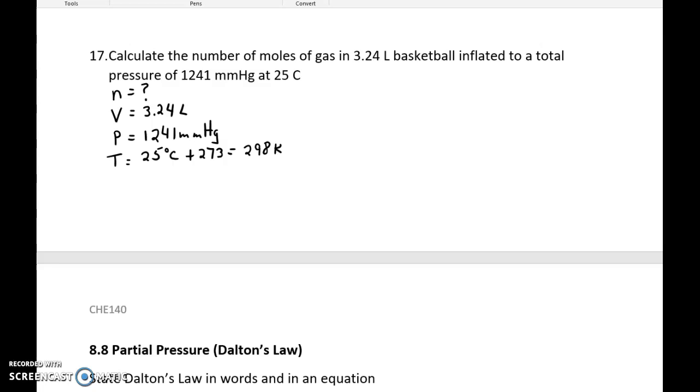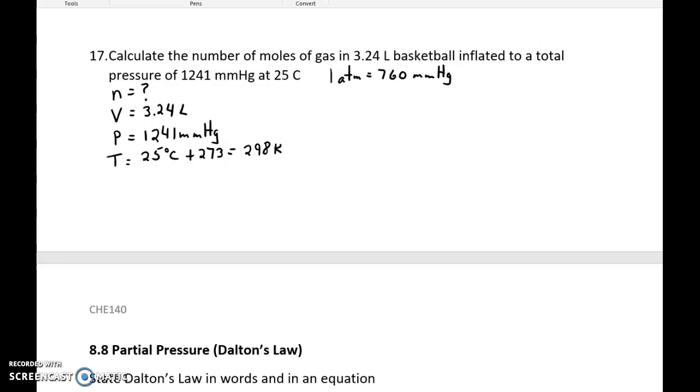We're going to need to convert that into atmospheres. We know that 1 atmosphere is equal to 760 millimeters of mercury. That's something that's look-upable. It's just a conversion factor.